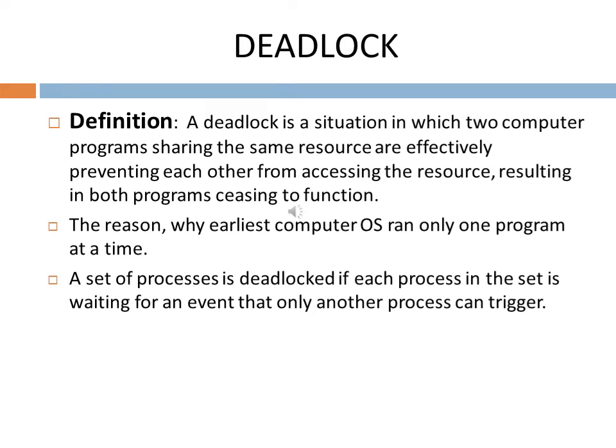Deadlock is a situation in which two or more programs sharing the same resource are effectively preventing each other from accessing the resource, resulting in both programs ceasing to function.